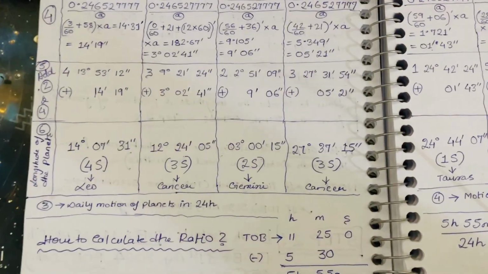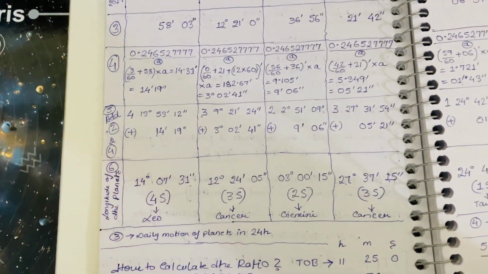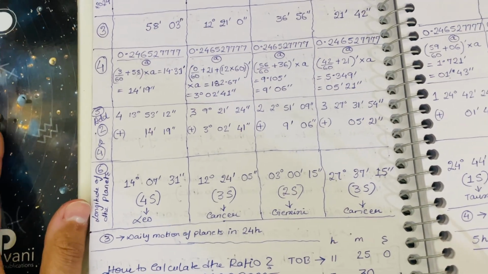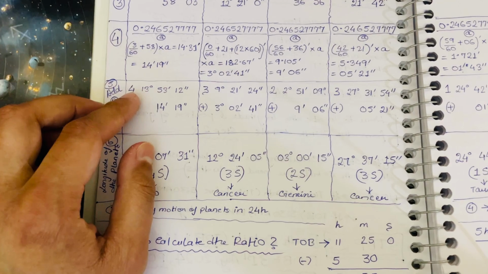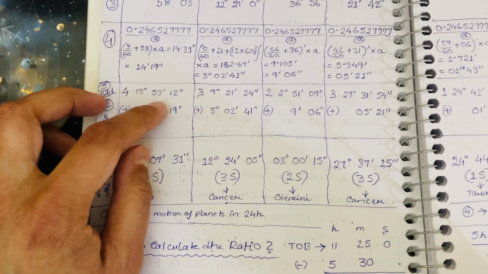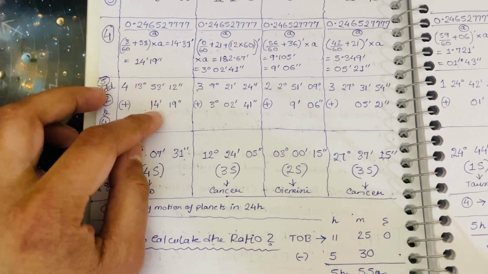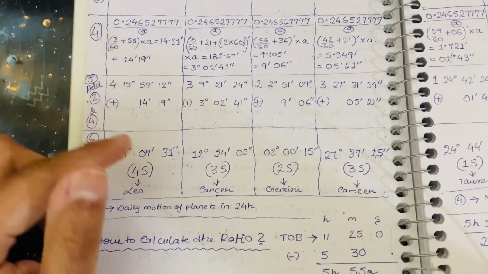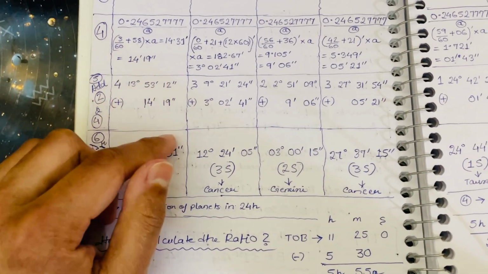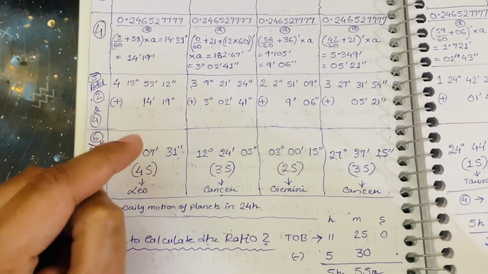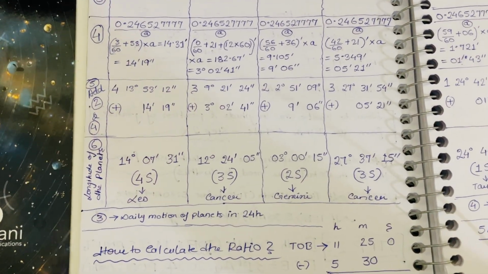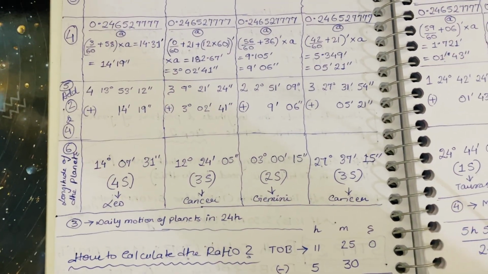So I will show you one calculation so that you will be able to understand that very easily. For all the other planets you will be able to understand that. 4 sine cross 13 degree 53 minutes 12 seconds plus 14 minutes 19 seconds. How much is that? 19 plus 12 is 31 seconds. 53 minutes plus 14 minutes is 67 minutes. 67 minutes, it means 1 degree 7 minutes.